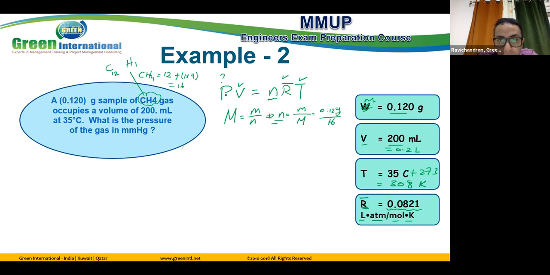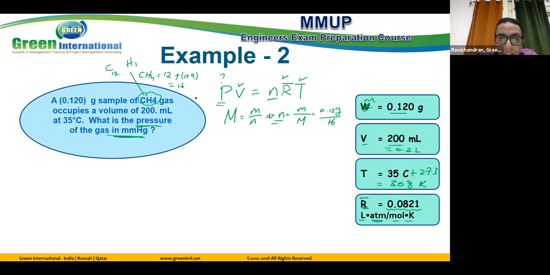For every parameter here, P, n, R and T, T must be in Kelvin. Volume, we write as liter as it is, because here I bring the value for R with the unit of liter, so it's accepted. But check what you get for the pressure here: the unit is atmosphere. So the pressure at the end you get in atmosphere, but the request here is pressure in millimeter mercury.